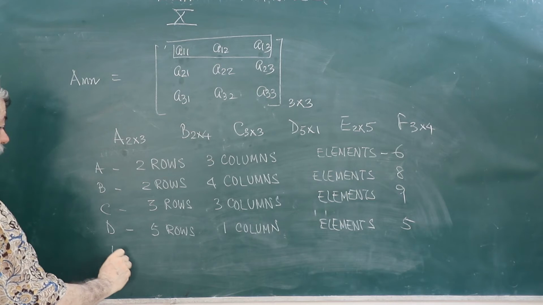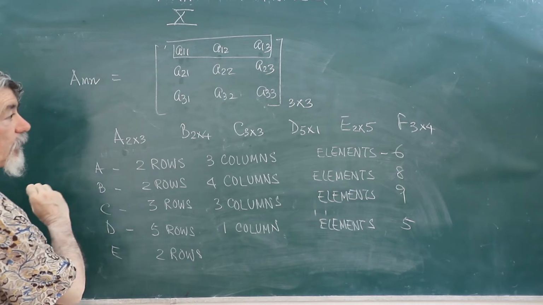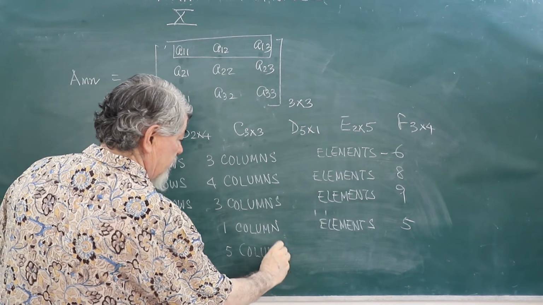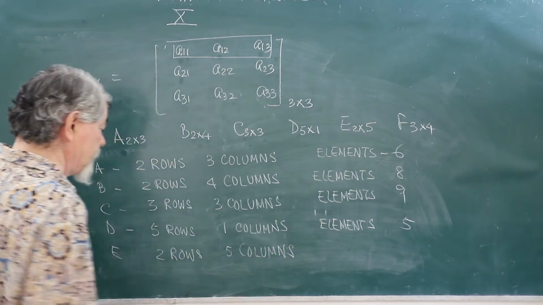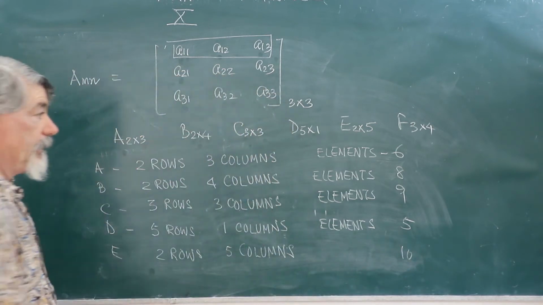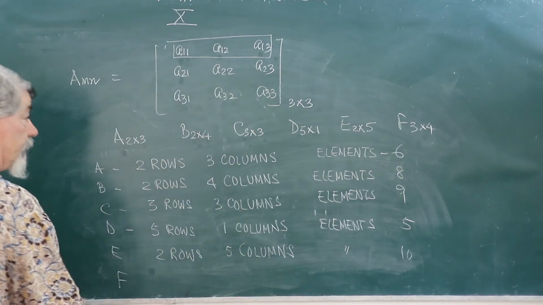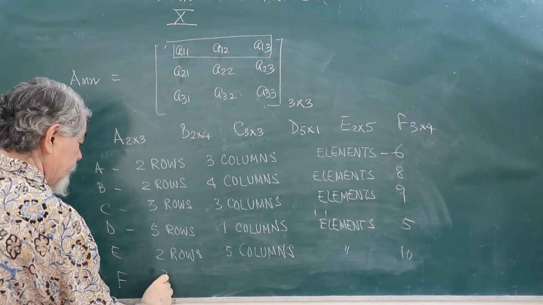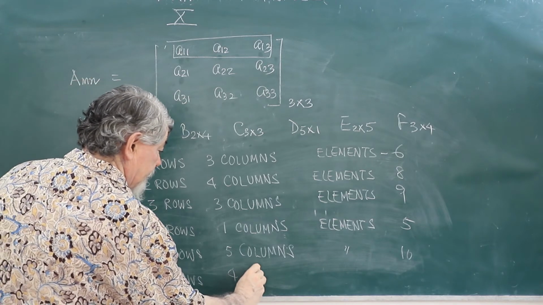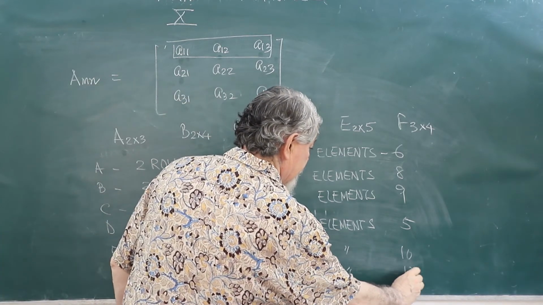Similarly, E has 2 rows and 5 columns, so it will have 10 elements. Suppose I have the matrix F which has 3 rows and 4 columns. So it will have 12 elements.